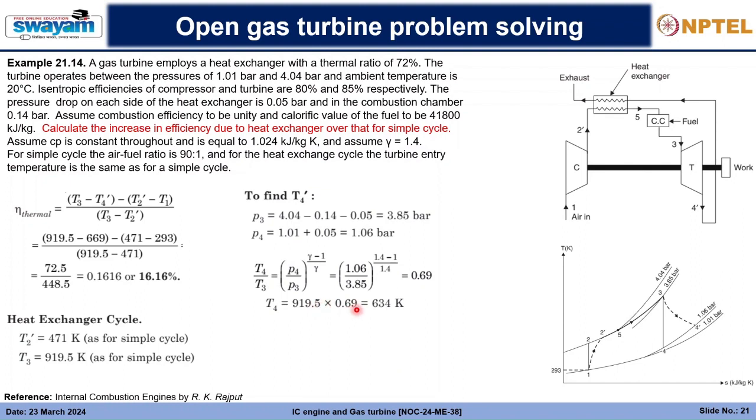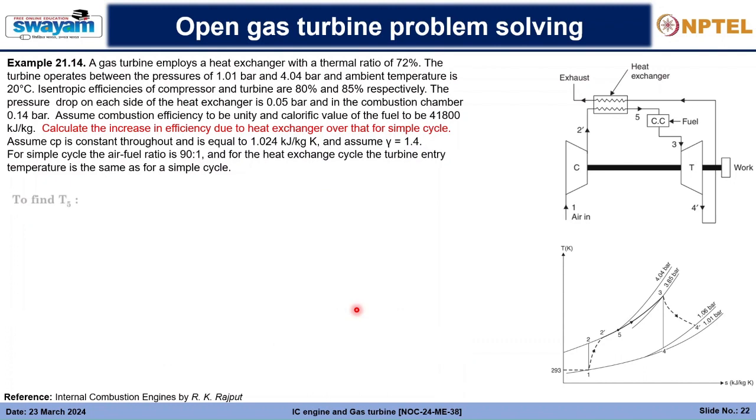We'll multiply with a factor of 0.69, and we will get the T4 value to be 634 Kelvin. Then we'll use the efficiency part and calculate the actual temperature, that is T4 dash, which is 667 Kelvin.